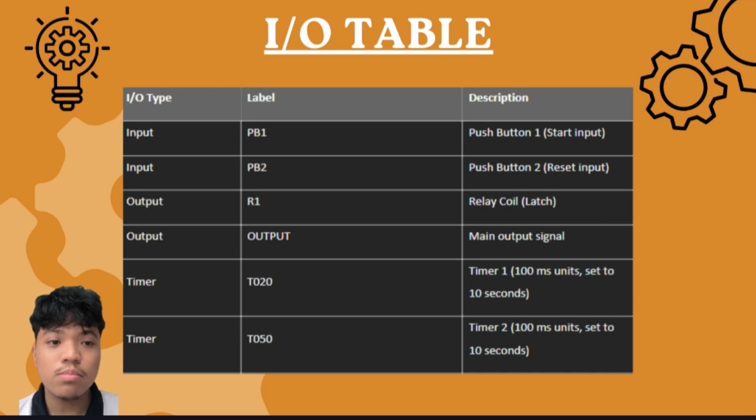And we have a timer, the label is T020, timer 1, we set as 100 ms unit, set to 10 seconds. And then we have timer 2, T050, timer 2 we set as 100 ms unit, set to 10 seconds.